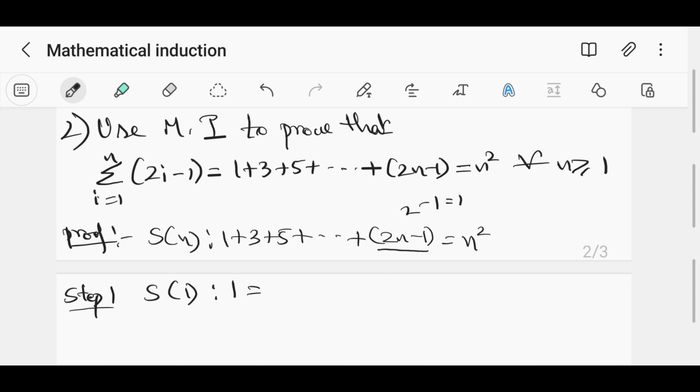Or if you are not sure about it, take only the first term from the S of n. So 1 is equal to, in this RHS, substitute 1. So you get 1 square. So this implies 1 is equal to 1. So your LHS is equal to RHS. Therefore, we can say that S of 1 is true.